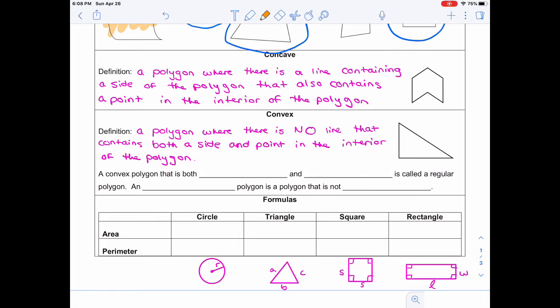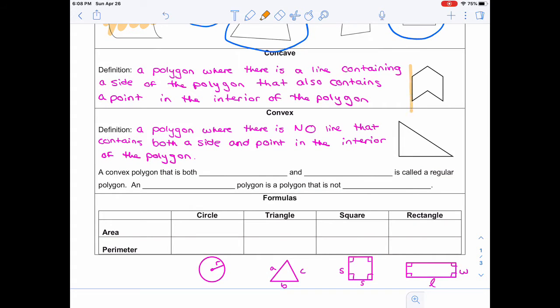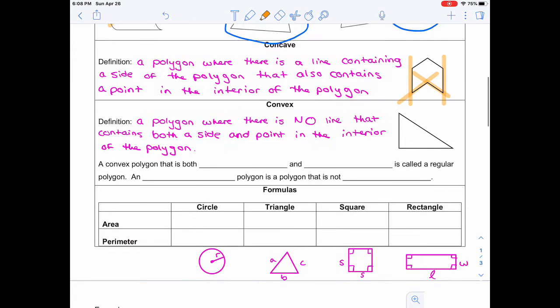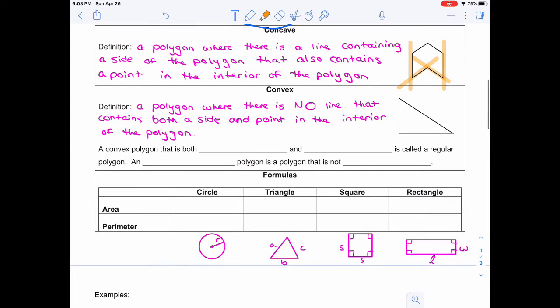So what I like to do is actually extend the sides of the polygon. And as you can see, if I were to extend these sides down at the bottom, the sides actually go inside of the shape right here. So I always think you go in a cave. So if the lines extended go inside the shape, you have a concave polygon. I know it's kind of corny, but that's how I always remembered it when I learned it.